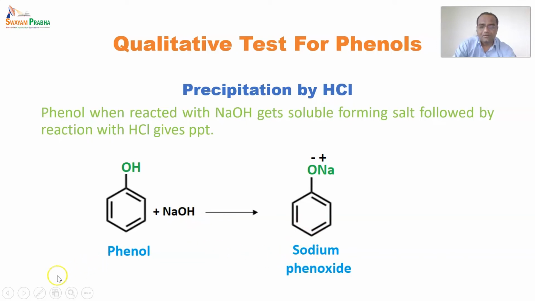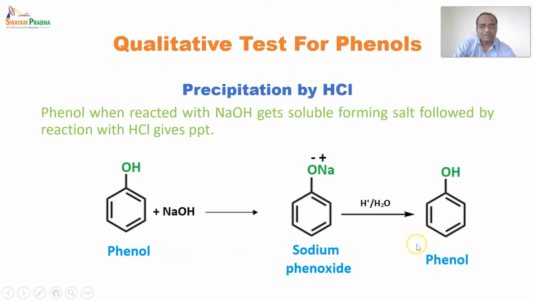And later on, when it is treated with an acid, it forms phenol again, and this phenol is precipitated. So the second observation is that phenol is precipitated. And why does it happen?